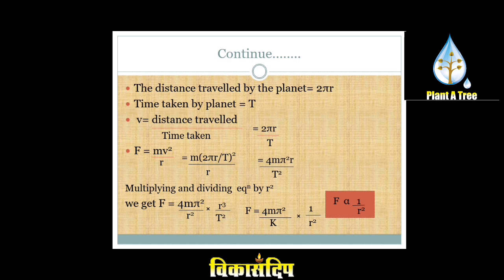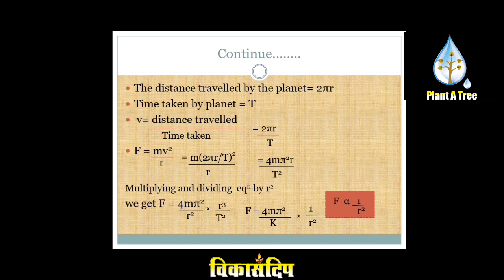Now multiplying and dividing the equation by r square, we get F is equal to 4 m pi square divided by r square into r cube upon T square. Now r cube upon T square is a constant term, we call it k, which is nothing but Kepler's third law.